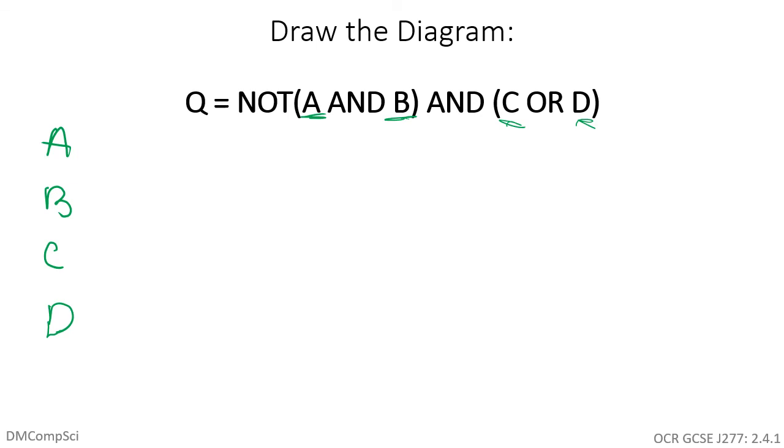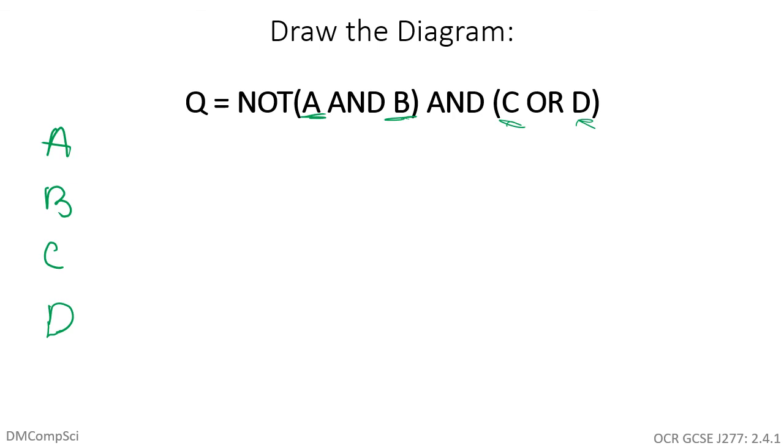So now we've identified our inputs and we want to know how these inputs are interacting with each other, and which inputs directly interact with each other. Looking at this, we can see that A and B are interacting with each other within an AND gate. However, these are within the brackets next to a NOT.